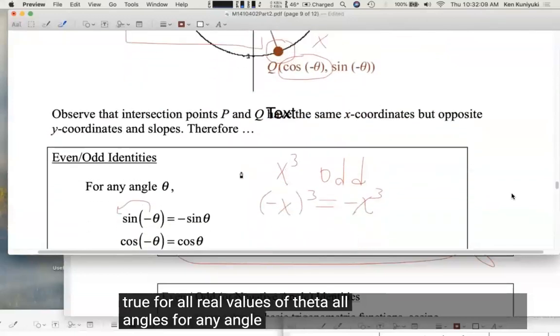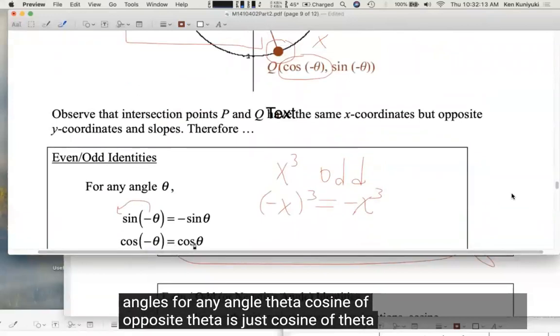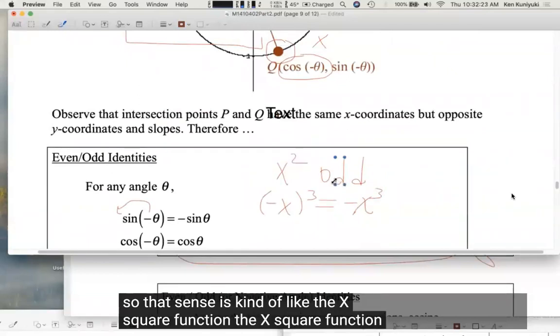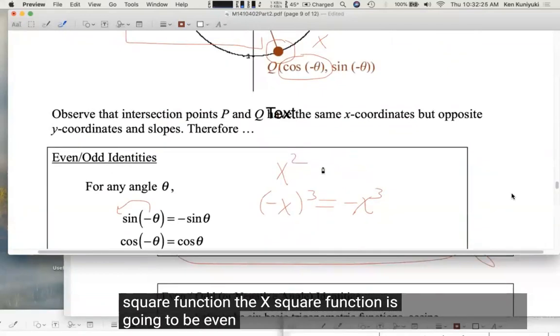For any angle theta, cosine of opposite theta is just cosine of theta. So in that sense, it's kind of like the x squared function. The x squared function is going to be even. And why was the x squared function even?